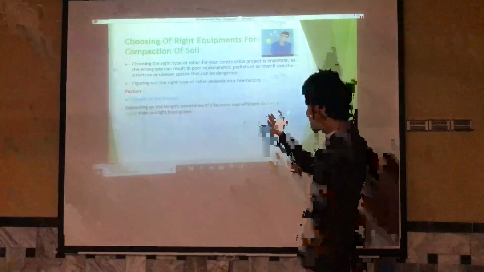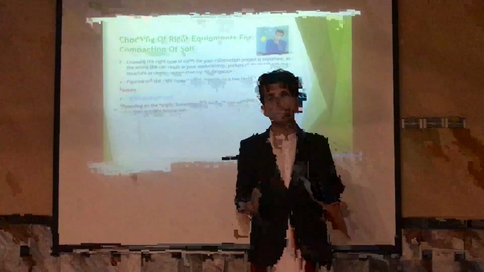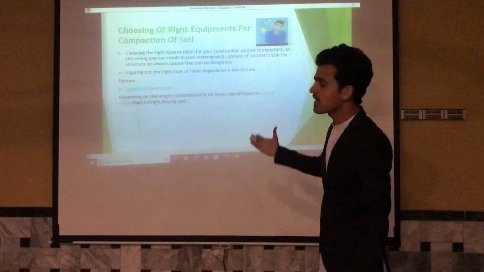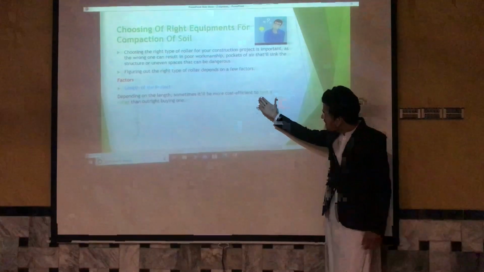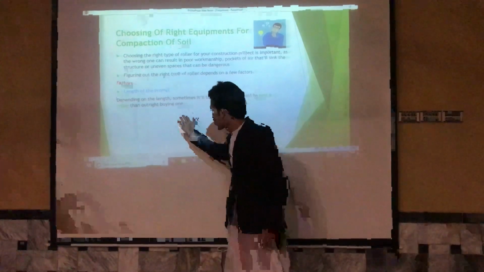Figuring out the right type of roller depends on a few factors. So how can we point out which compaction equipment is good for my project? For this, we have some factors. Length of the project. Depending on the length, sometimes it will be more economical to rent a roller than to buy one outright.